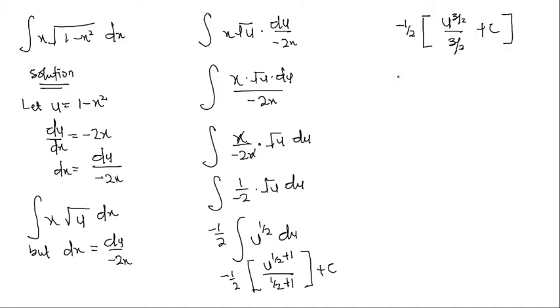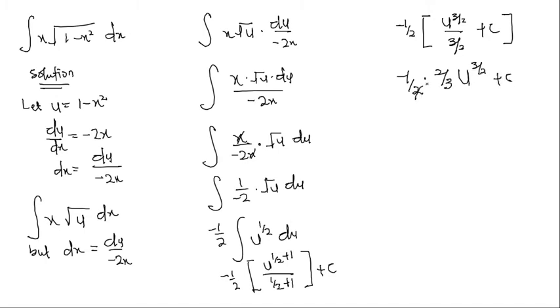Let me just write it like this. So I have negative half, then if I bring the denominator upward, it becomes multiplied by 2 over 3 u to the power 3 on 2 plus c.